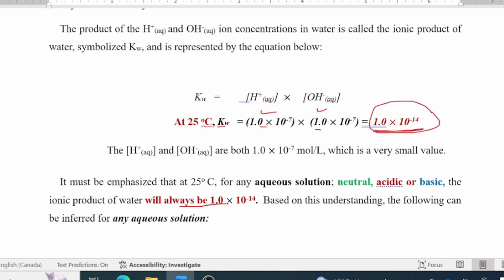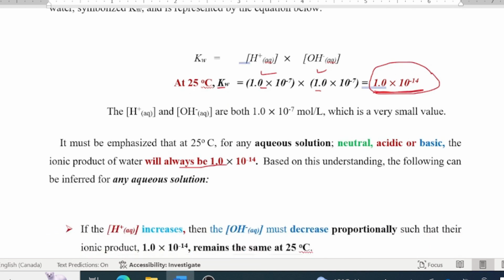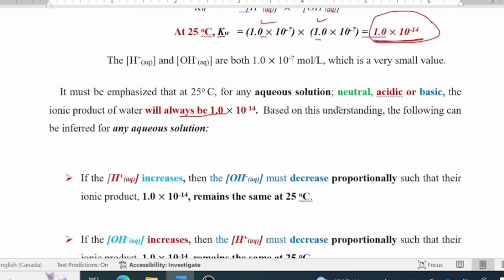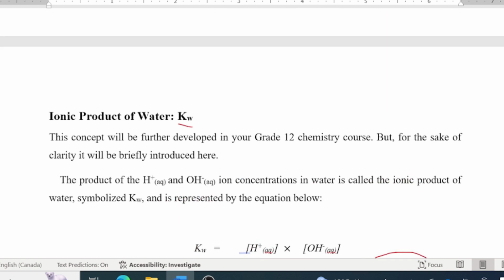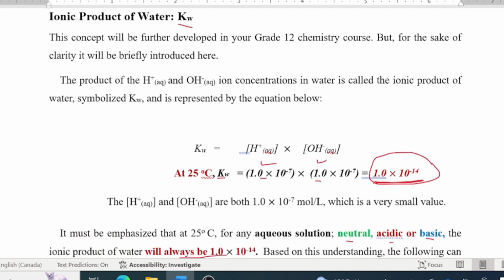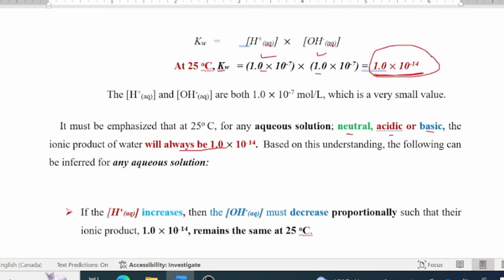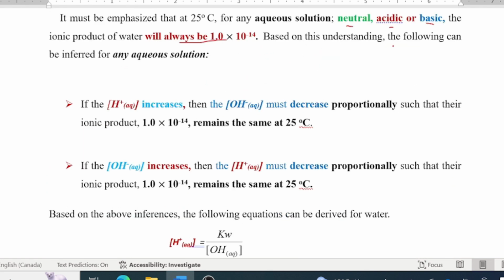The point to note is that at 25 degrees Celsius, regardless of whether your solution is neutral, acidic, or basic, when you multiply the concentration of hydrogen ions and the concentration of OH ions, it will always become 1 times 10 to the negative 14. Based on this understanding, the following can be inferred for any aqueous solution.